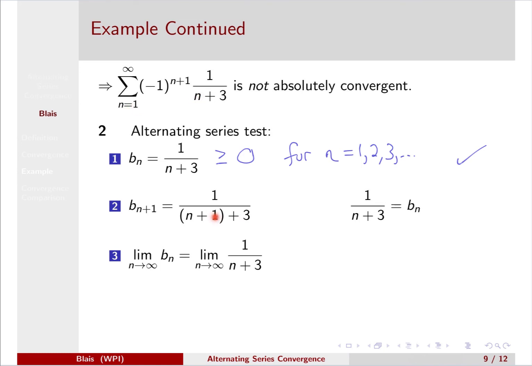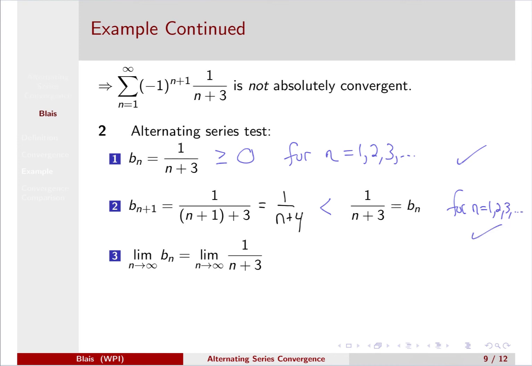When we do that, we get 1 over n plus 1 plus 3, or 1 over n plus 4. And now, compare these terms. What's bigger? Well, with n plus 4, we have a bigger denominator than we have here. And so we see the inequality goes this way, which is what we wanted. So b_(n+1) is smaller than b_n for n equals 1, 2, 3, and so on and so forth. So we get the second condition.